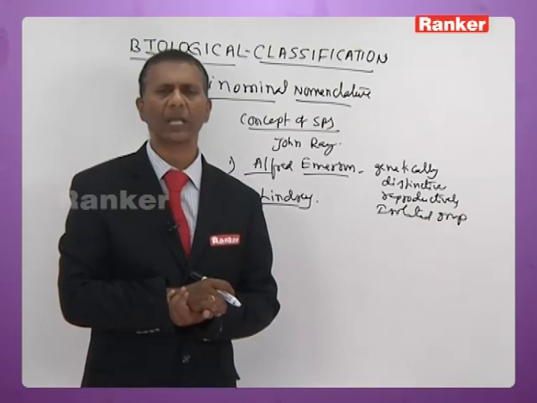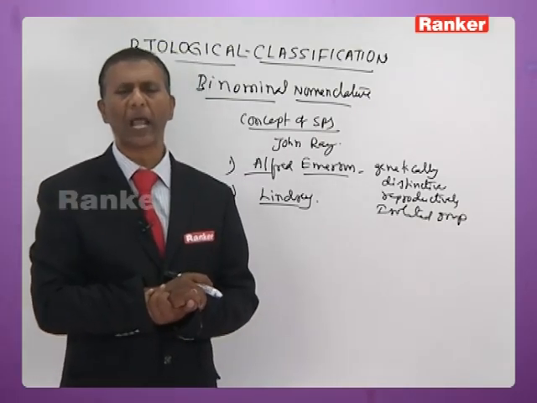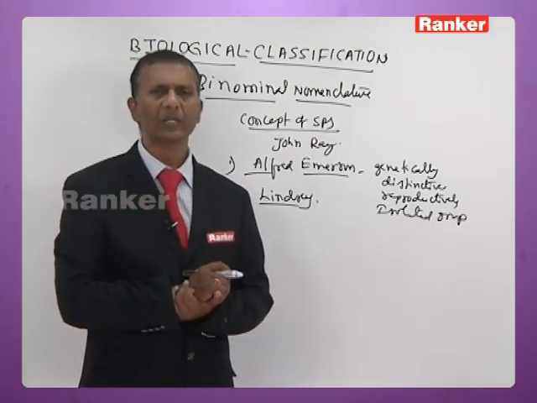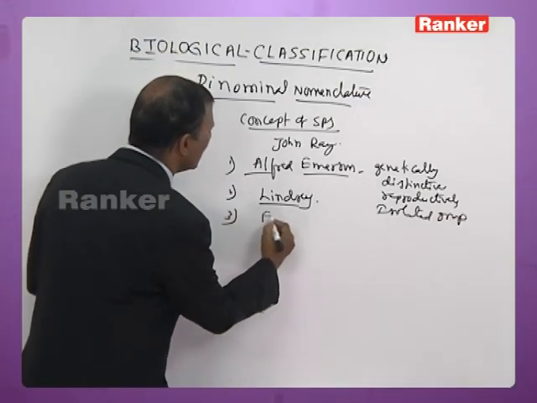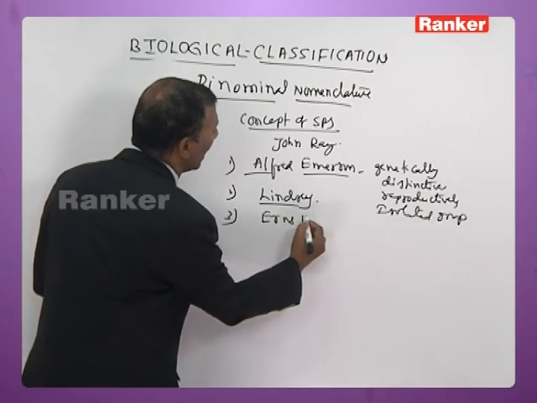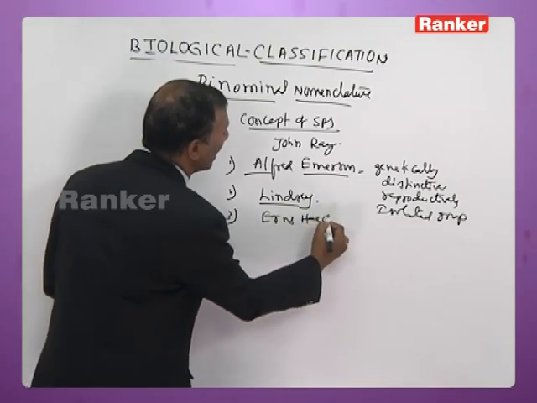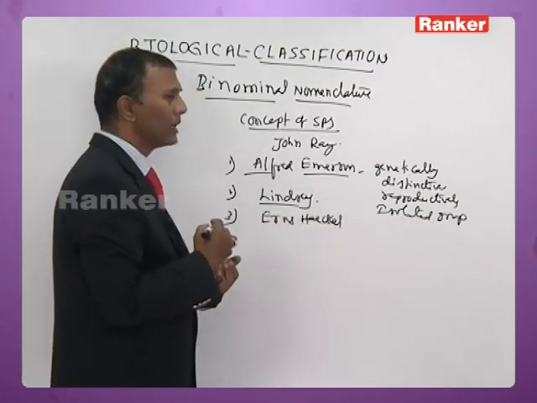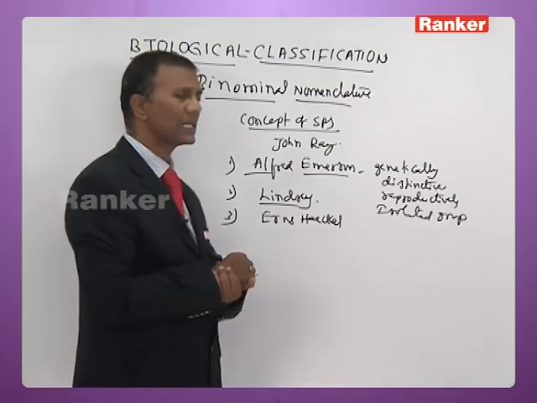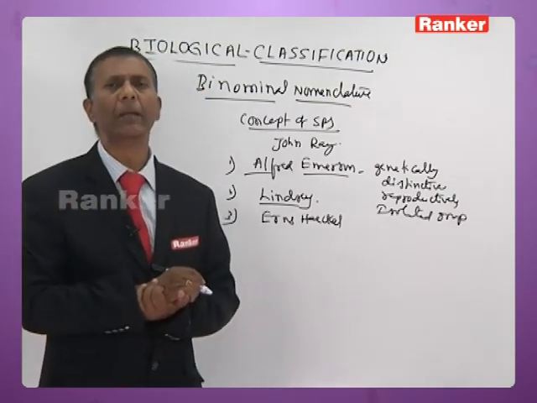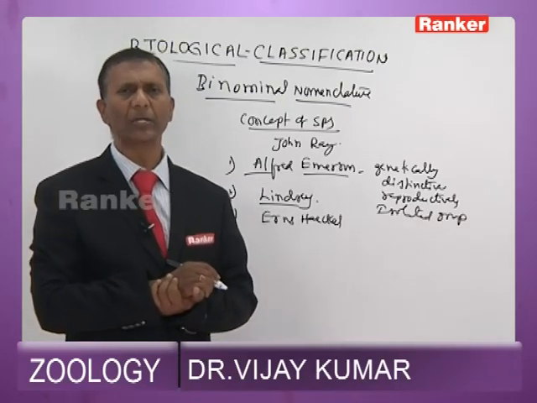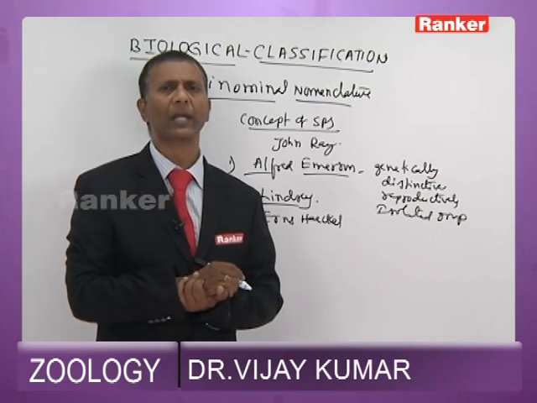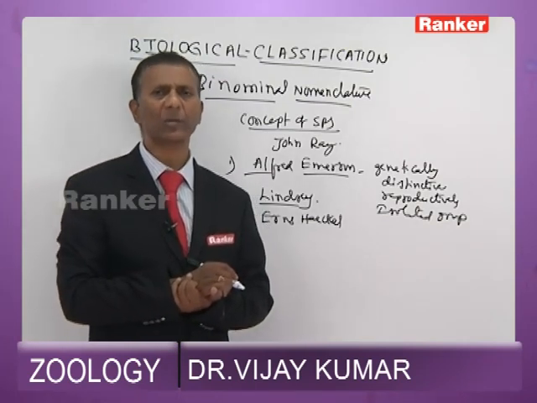All of them belong to the same ancestral stock and are reproductively isolated from all the other species. Then according to Ernst Haeckel, species is a potentially interbreeding population which is reproductively isolated from the members of other species.